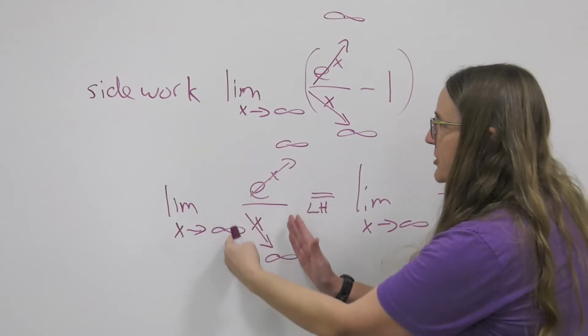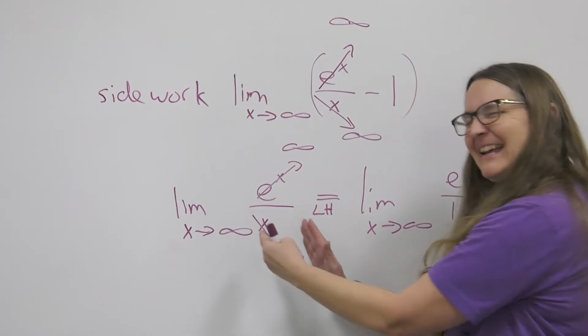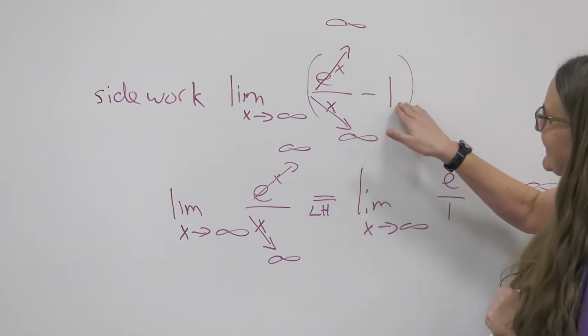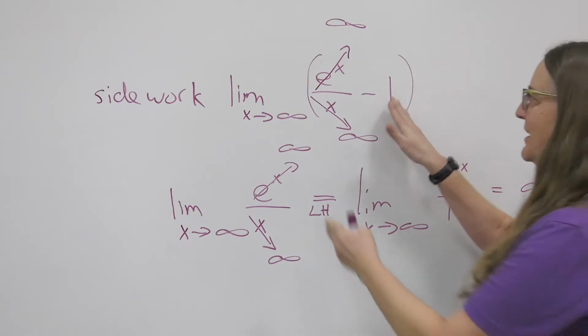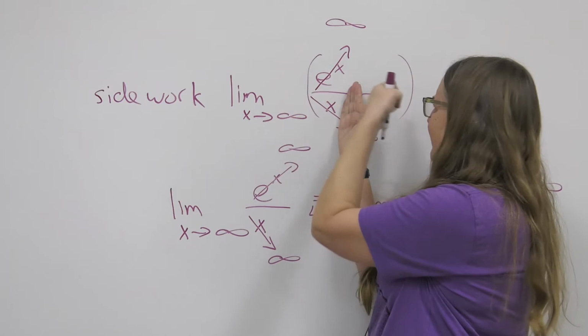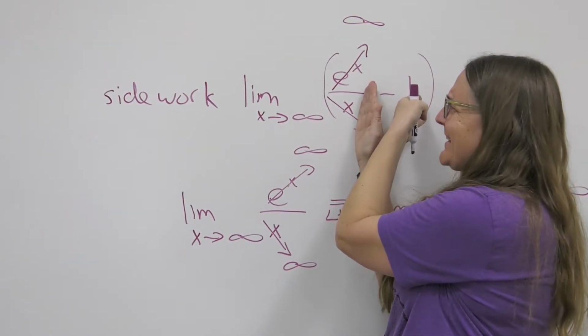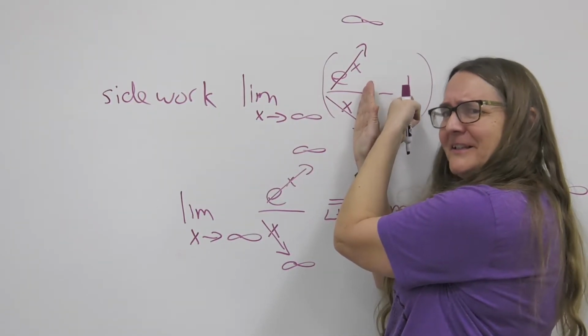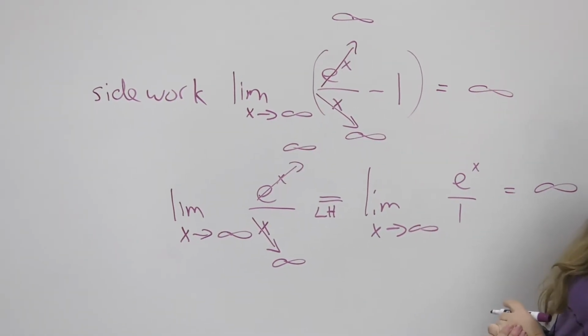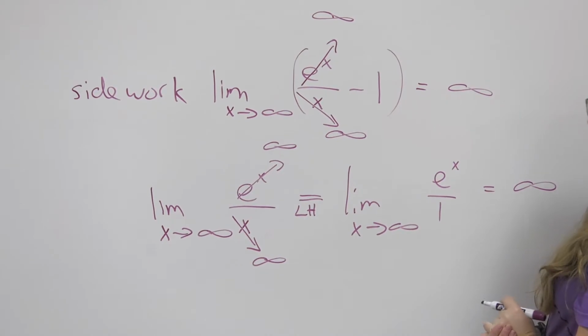So this fraction is going off to infinity. Now I can't perform arithmetic with infinity, so I can't literally say this is infinity minus 1. But if this piece is going to infinity, it's getting really, really big and positive. And if I subtract 1 from it, that doesn't change the fact that it's really big and positive. So this limit is also equal to infinity.